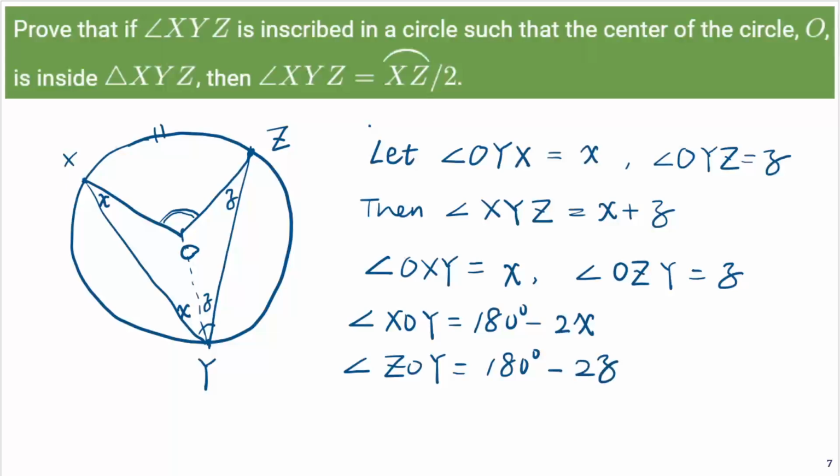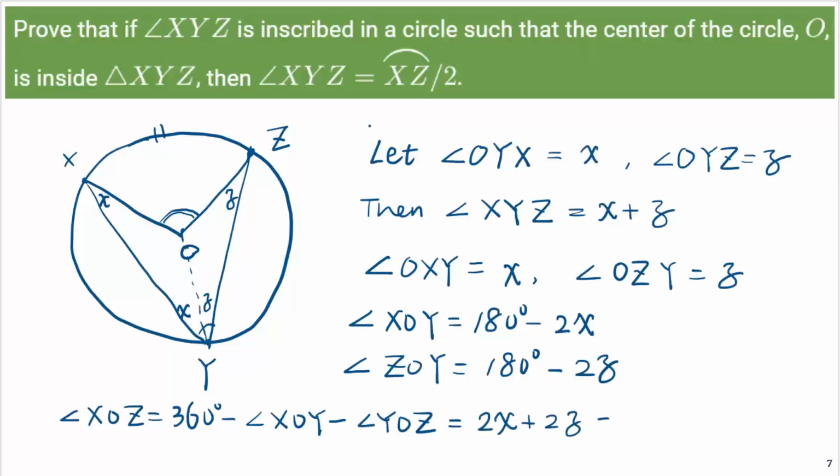We can now find angle XOZ in terms of x and z. So angle XOZ equals, we know this is 360 degrees, right? So that's 360 degrees minus angle XOY minus angle YOZ, and this gives us 2x plus 2z, which is twice of x plus z, right?